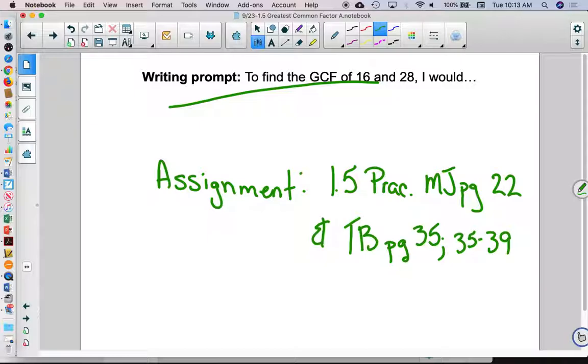Okay? 1.5 practice, it's the Math Journal, page 22, and then the textbook, page 35, numbers 35 to 39. That's 4, plus what's on the Math Journal, okay?